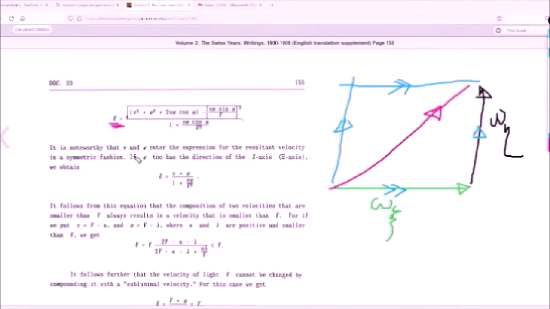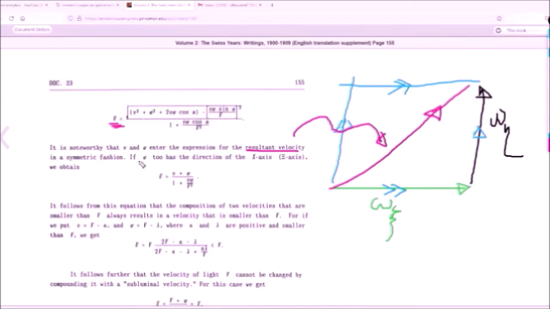It is noteworthy that V and W are the velocities in the rest frame that correspond to eta and theta in the moving frame. It is noteworthy that V and W enter the expression for the resultant velocity. The resultant velocity is this diagonal velocity, this one right here.